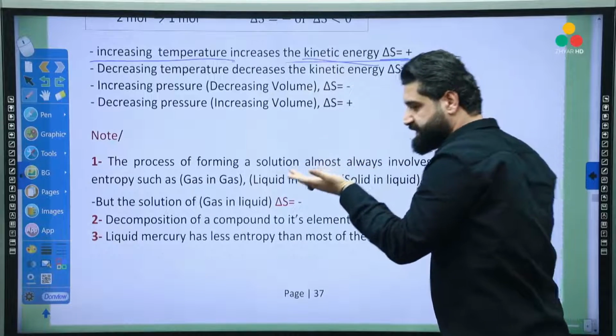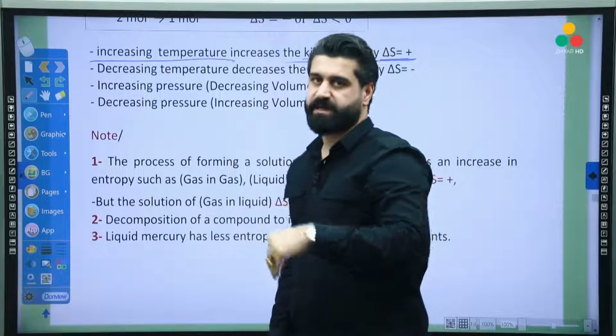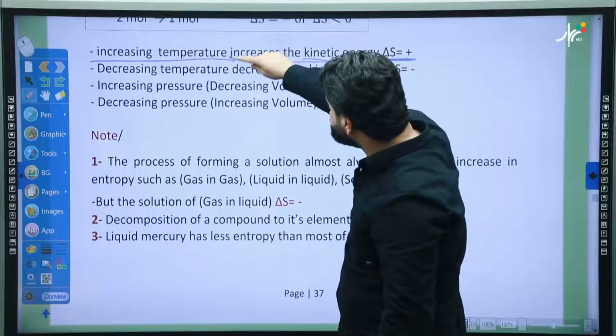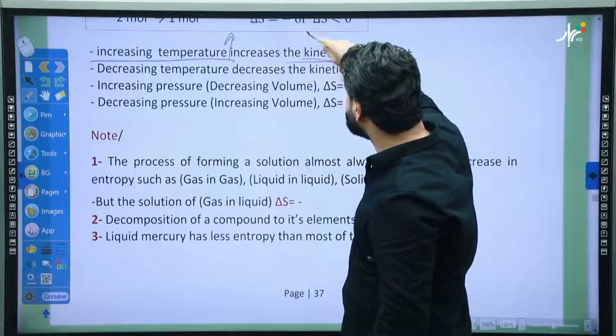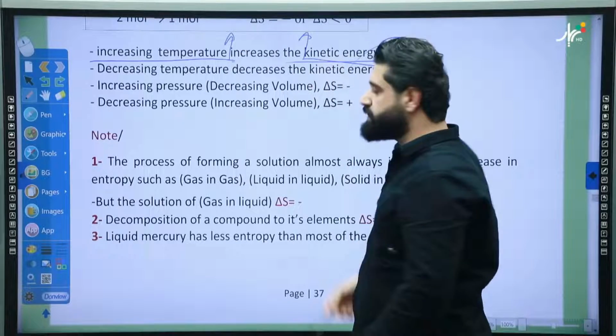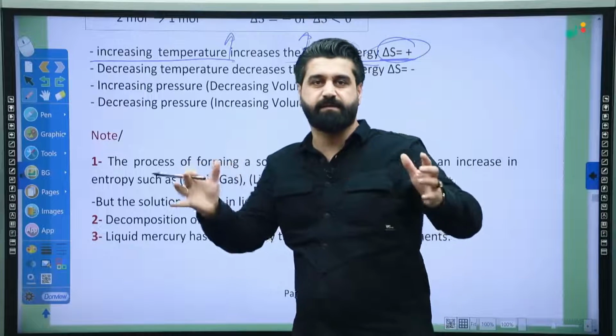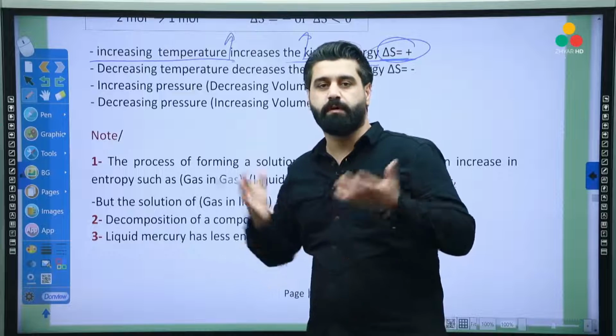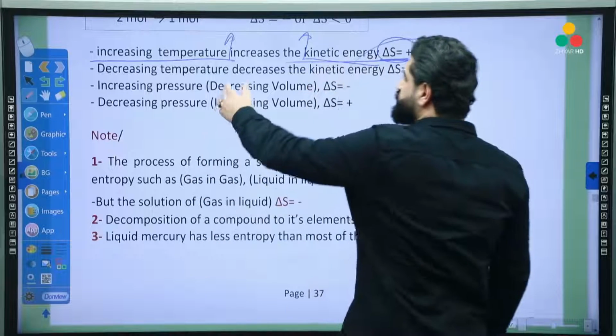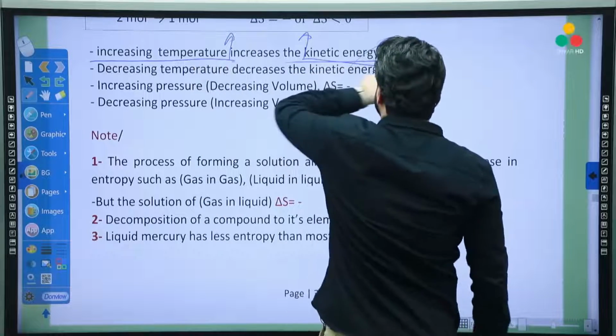Increasing temperature increases kinetic energy, decreasing temperature decreases kinetic energy. So as temperature increases, kinetic energy increases, so entropy increases. Randomness increases because the particles are moving faster. So decreasing temperature, of course, decreases entropy.